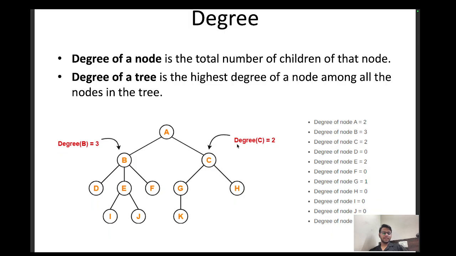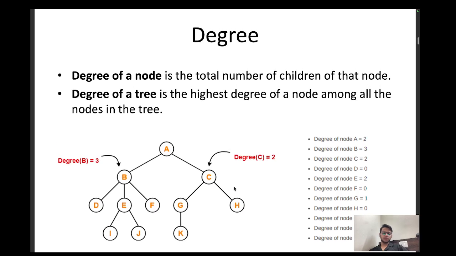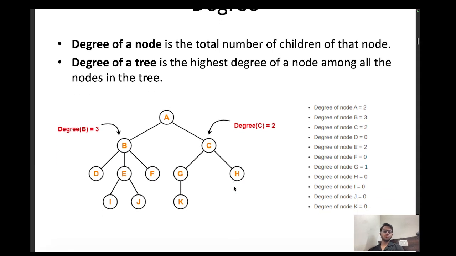Degree is also a very important concept in the tree. Degree of a node is the total number of children of that node. For now, take it that degree means the number of children associated with a particular node.